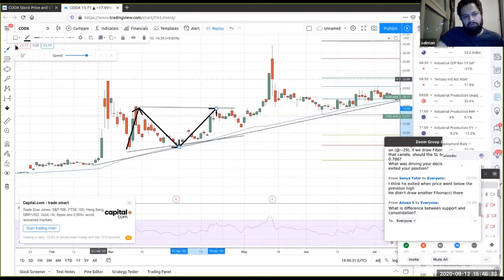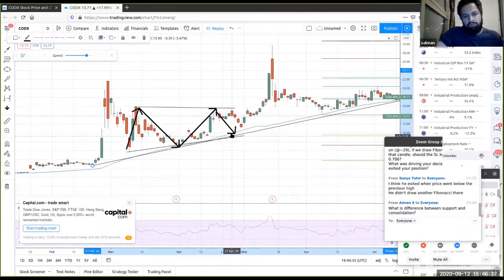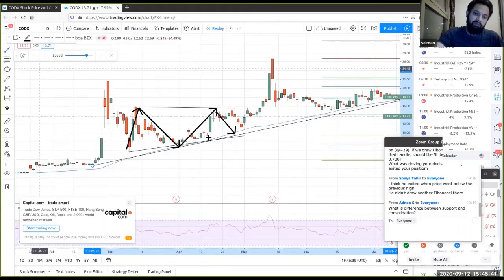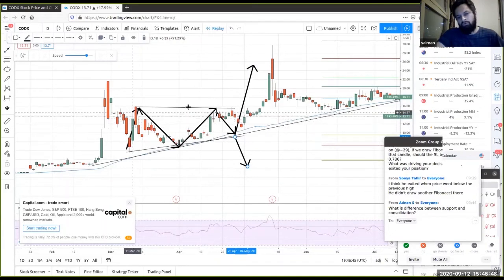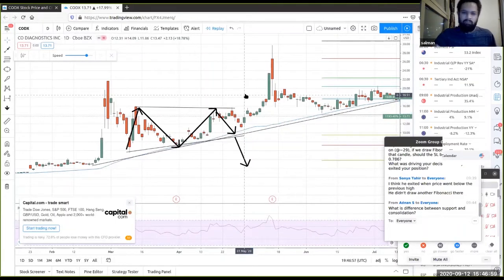So the price is usually in a flag sort of formation, and then if it is a bullish stock, the price breaks and goes up. If it is bearish, then the price breaks below and goes down. So usually we see flag formations like this, which represent consolidation, and we just wait and see what happens. So this is an example of a consolidation. In this time, the price was almost consolidating.